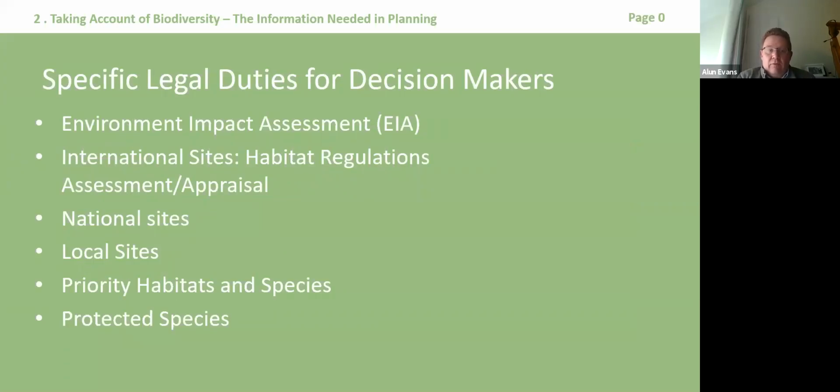Having the right level of information is important to assess the impacts on international, national and local sites, priority habitats and species, and protected species, and also to influence and inform statutory processes such as environmental impact assessment, and, with regard to SACs, SPAs and Ramsar sites, habitats regulations assessments or appraisals in Scotland.